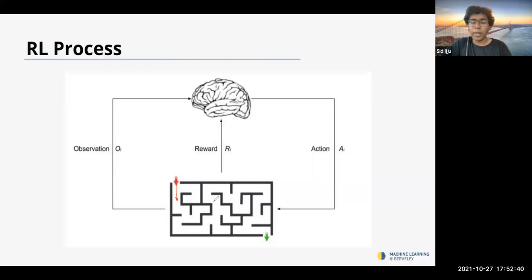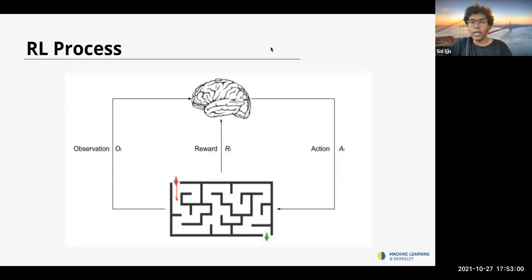But by using sensors to get different observations, like the velocity of the car and the heading of the car, you can formulate an observation about the environment and then use that to develop the next action.